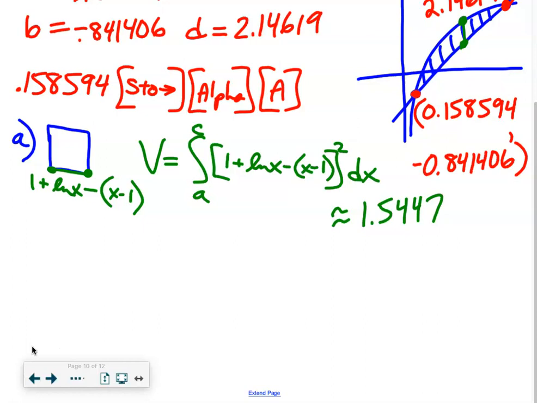Anyone else have trouble? All right. Yes. Okay, you only squared the x minus 1. You didn't square the whole thing. You got to move that square out here.